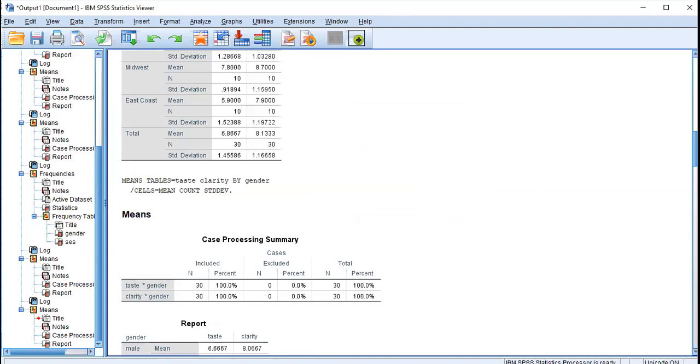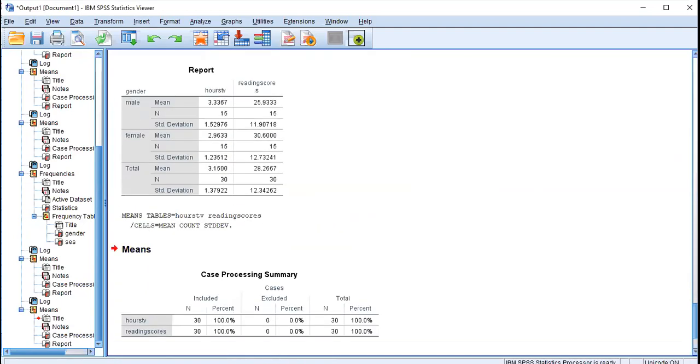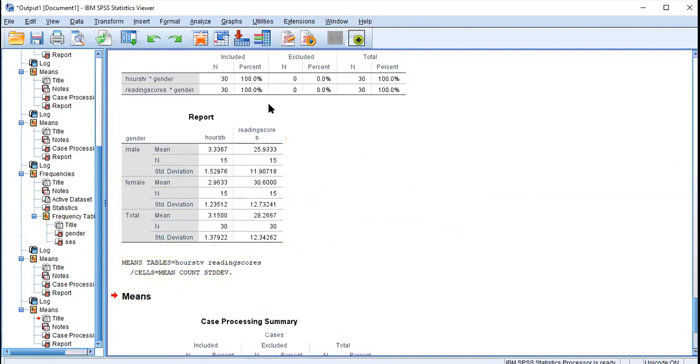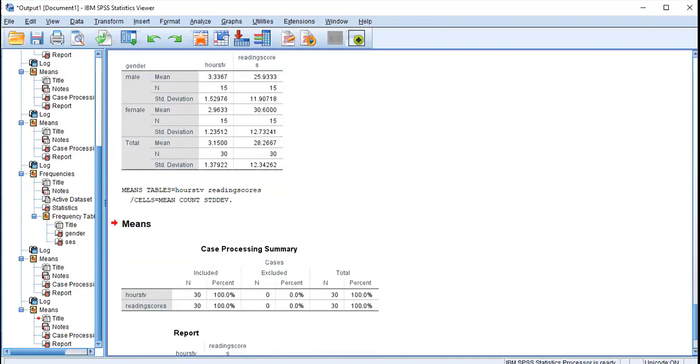This is what you got as the answers. The mean for hours is 3.15, for reading score is 28 something. So this is the B part we have done. The above one is the C part which we have done. And let's move to the last one.